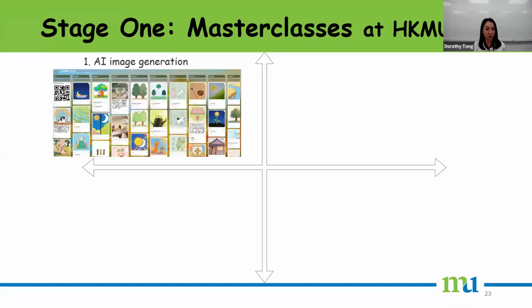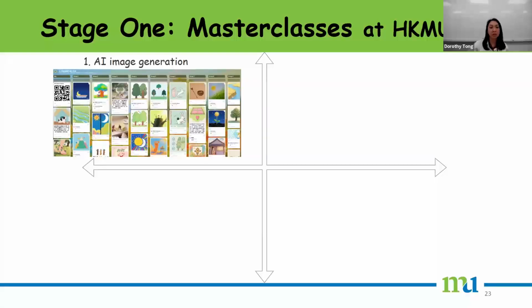Okay, so this is a screen capture of the different Padlet pages for the different workshops. The first workshop was on AI image generation. The teacher gave some examples, talked about the concepts, we introduced AI image generators and talked about how to give prompts, and then guided the students through the generation.